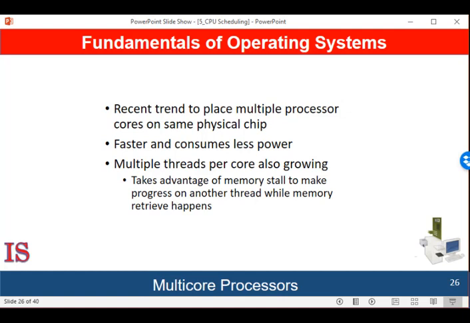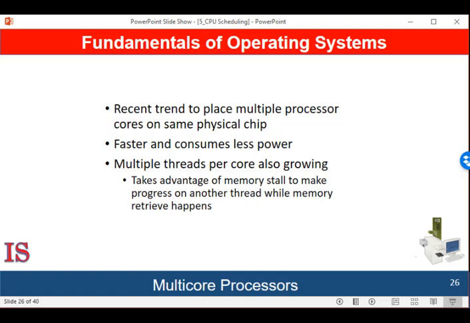Traditionally, symmetric multiprocessing systems have allowed several processes to run in parallel by providing multiple physical processors. However, most contemporary computer hardware now places multiple computing cores on the same physical chip, resulting in a multi-core processor.